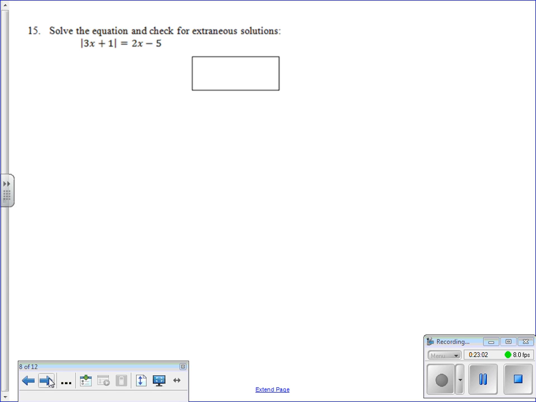Solve the equation and check for extraneous solutions. I have absolute value all by itself equal to stuff. So my first step is to take what's inside the absolute value, 3x plus 1, equal to stuff, and what's inside the absolute value equal to the opposite of stuff.